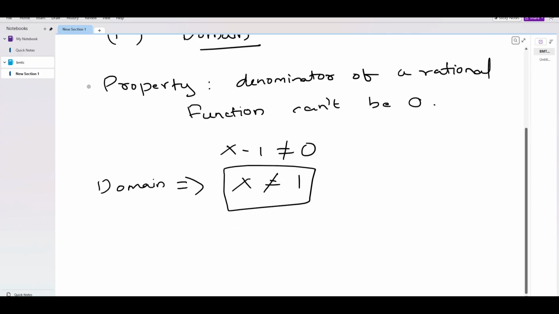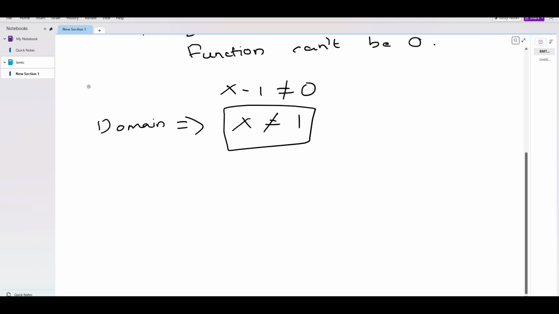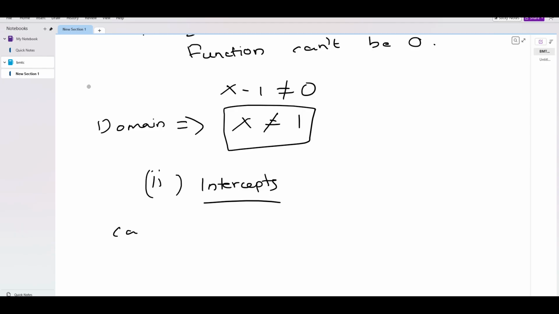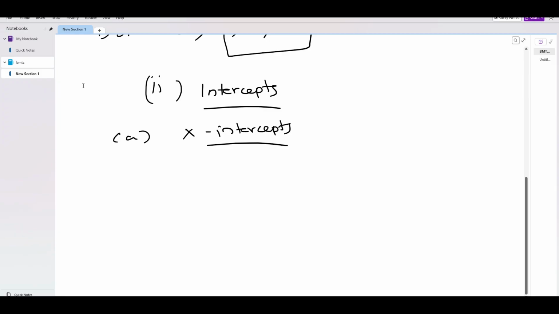Now the second one is intercepts, x intercepts and y intercept. The first one is x intercept. The property for x intercepts is put y term equal to 0.